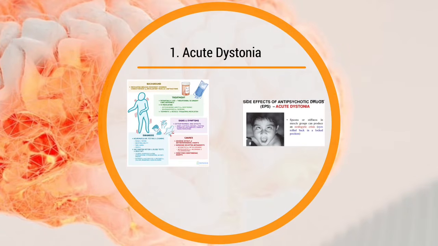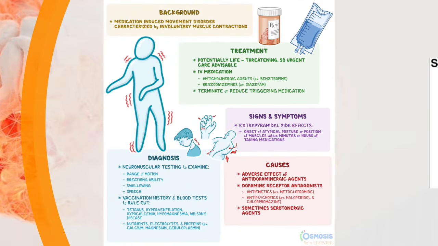So here is what acute dystonia looks like. Again, it's caused mostly by dopamine receptor antagonist drugs. It is a neck and eye and facial movement that is sometimes even disturbing to see, right? Because the patient can be stuck and can barely talk.